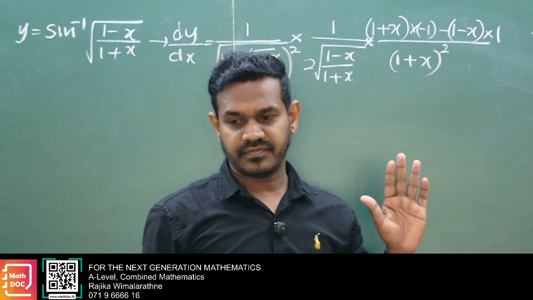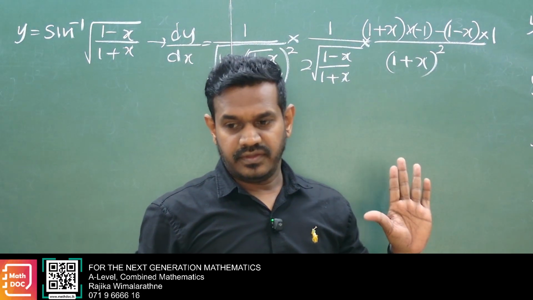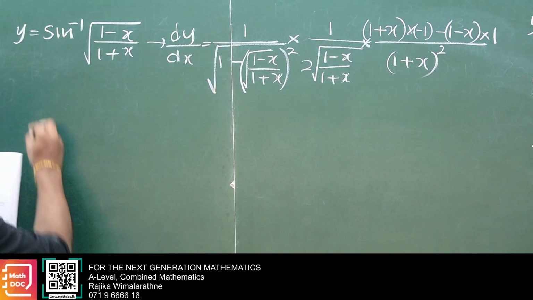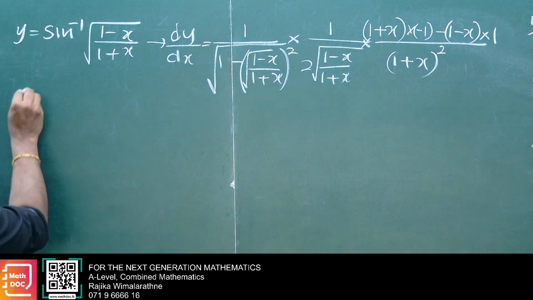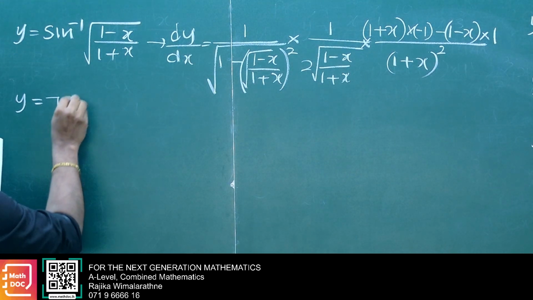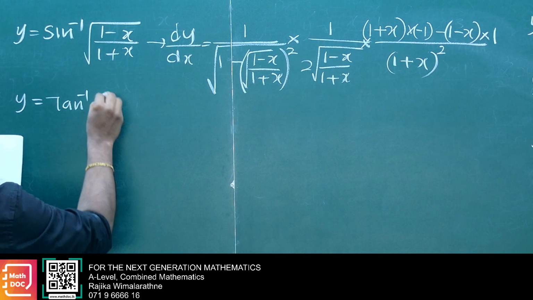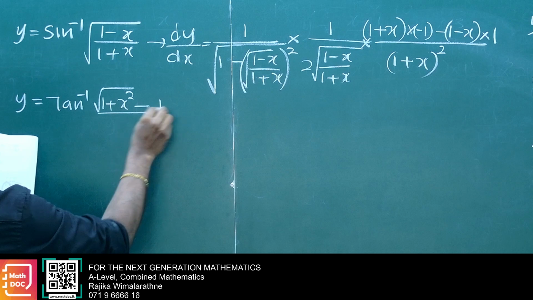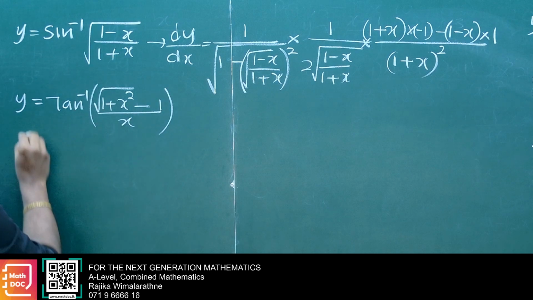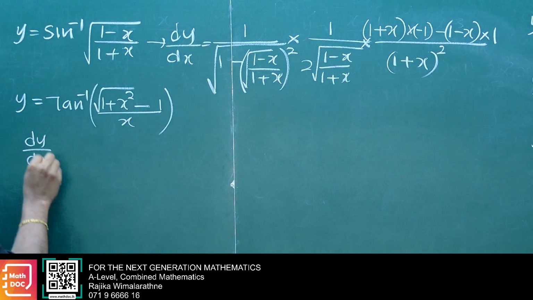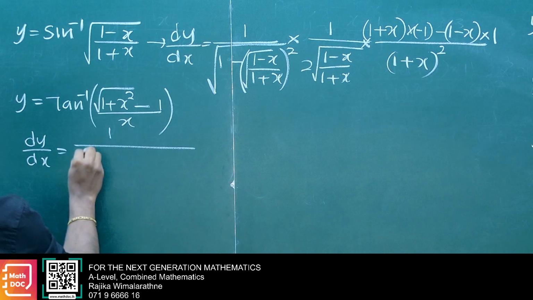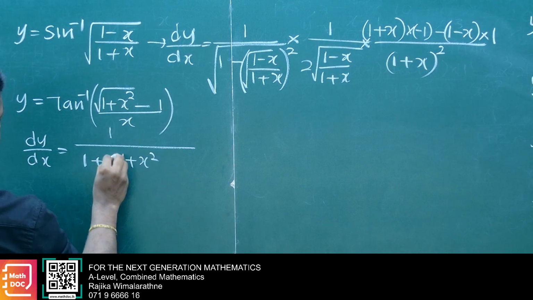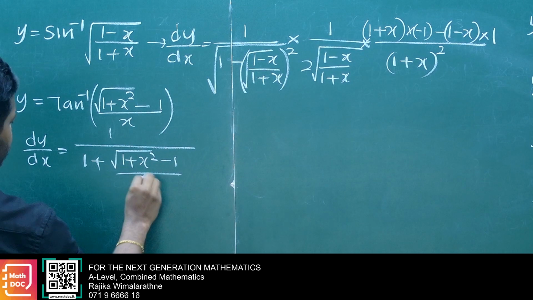Check your answers. Then y equals tan inverse of the square root of 1 plus x square, minus 1, over x. Then dy by dx, 1 over 1 plus the square root of 1 plus x square minus 1 over x.